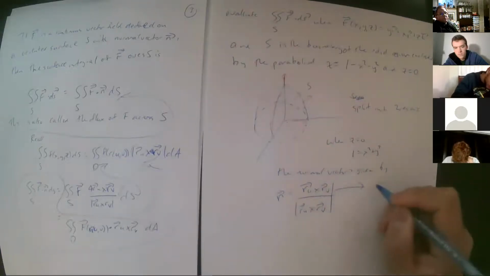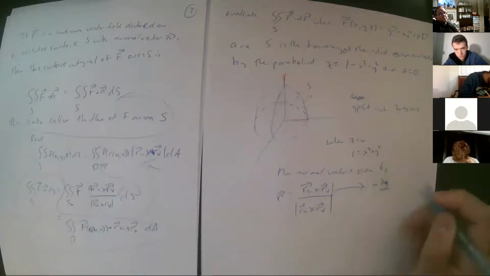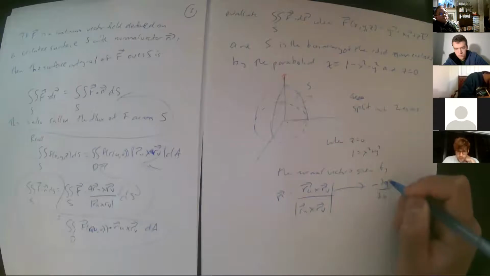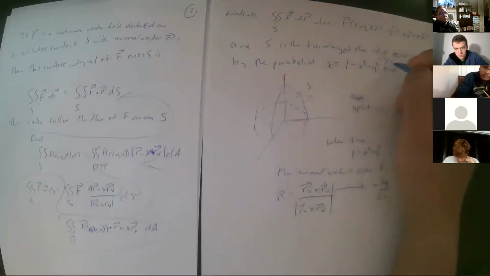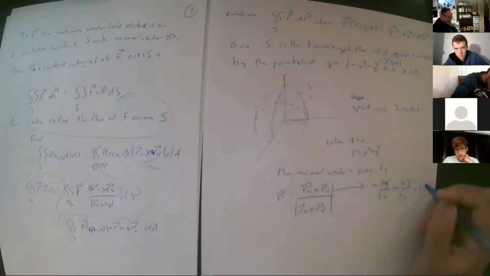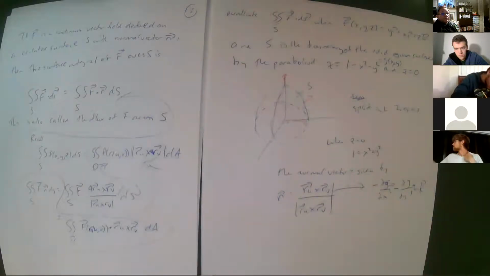This is equal to minus dg dx, this is equal to g of xy, minus dg dy plus k. That's from the beginning of our discussion on surfaces, the normal vector for surfaces that are given by graphs. Okay.